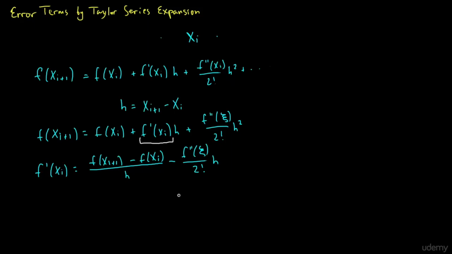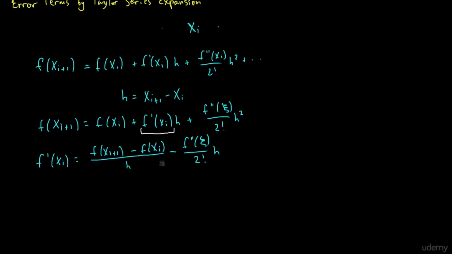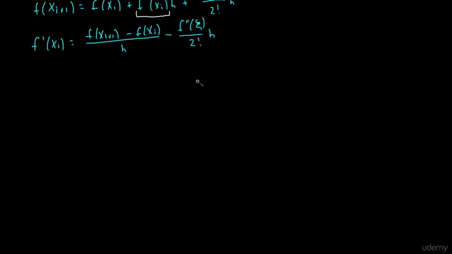So what this tells us is that we now have an approximation for the first derivative, and the term on the right hand side happens to be the error term. This is essentially the truncation error or the discretization error. Let's just call it DE for short. This is the extra part that we would typically be ignoring if we were discarding the higher order terms.